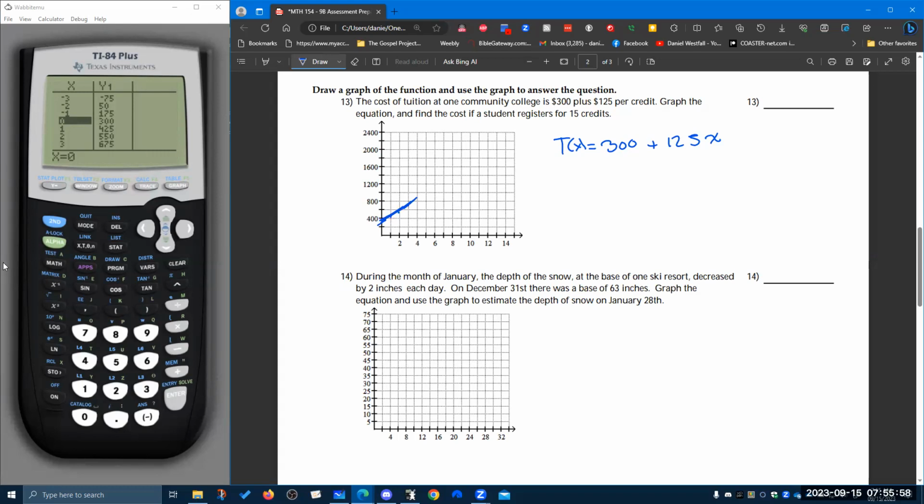If I could find some points though that were exactly multiples of 200, that would be great. So let me get 4, 800. And let me get 12, 1800.